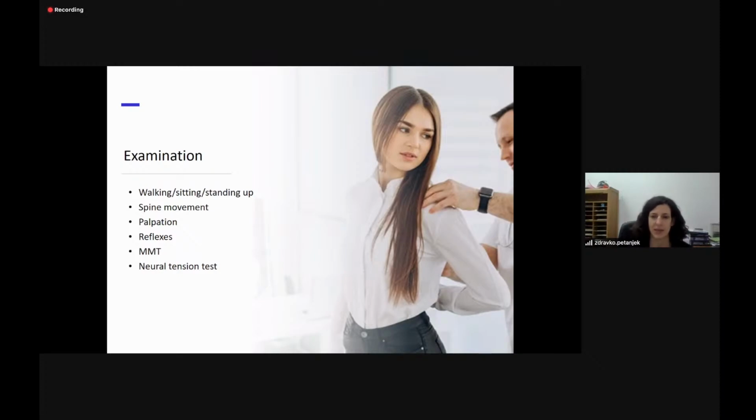If the pain is more pronounced when you lean backward, you have to think of the small joints, the apophyseal joints of the spine. If the pain is more pronounced and goes to the leg when you move to the other side, then you can think about disc herniation.